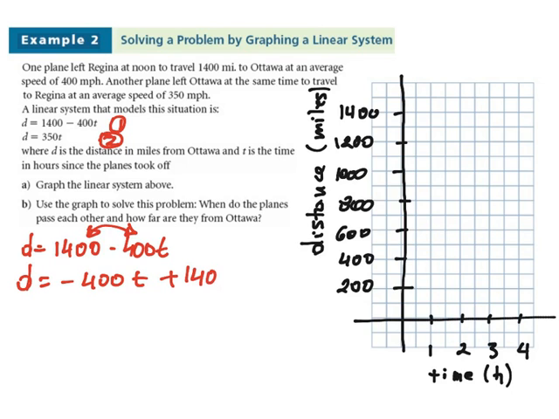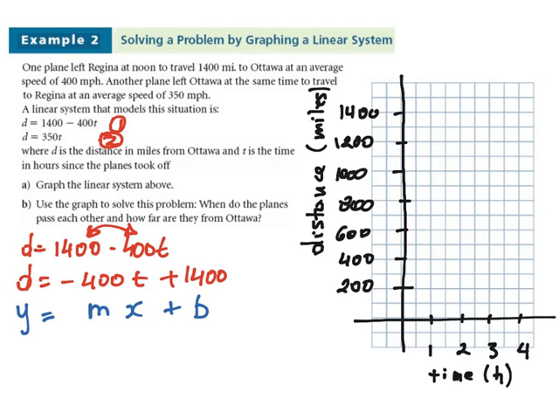What's very important is that you see that the negative 400 is the slope, and the 1,400 is the y-intercept. It looks like a slope-intercept form equation. Based on this, we could plot this equation on our graph.